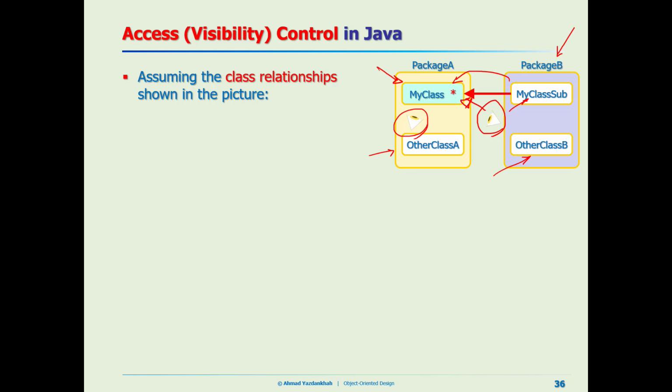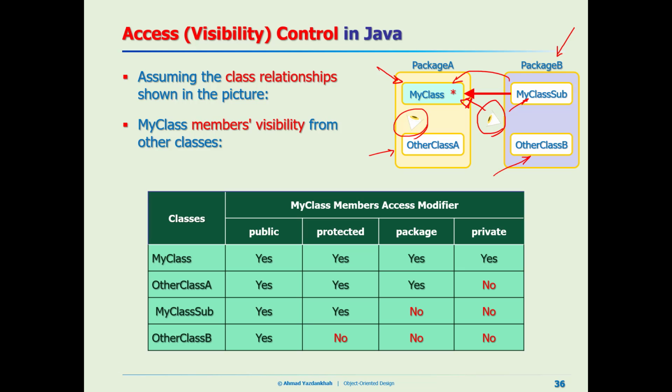Okay. So to save some time, I summarized all of the visibilities in this table. Okay. So MyClass, these are the members of MyClass. If a member is public, what would happen? If a member is protected, what would happen?